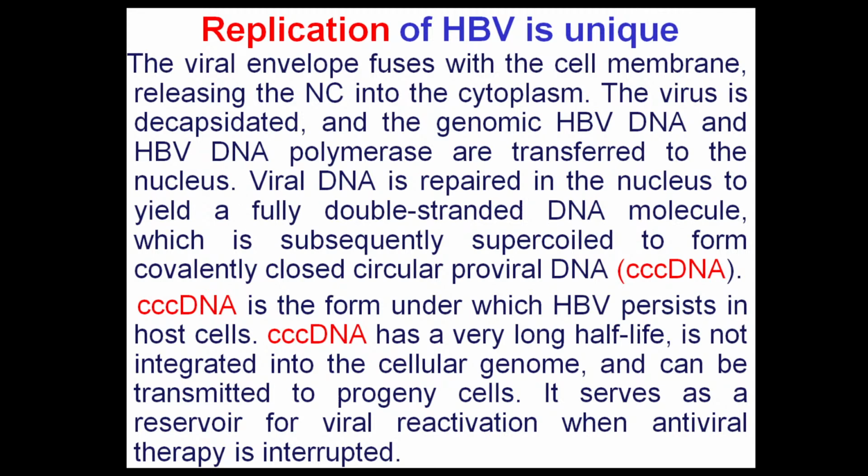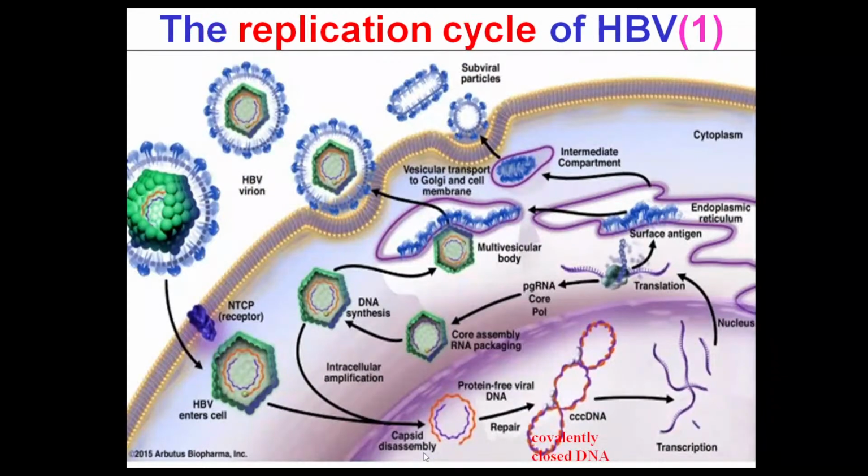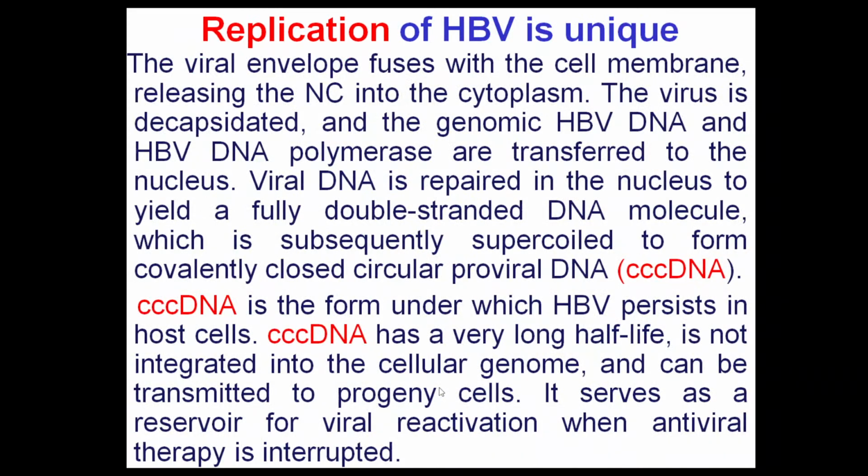Then, what event is the very important one? First, what should be done? Repair of the partially double-stranded DNA, it should be built up into a completely double-stranded DNA molecule.